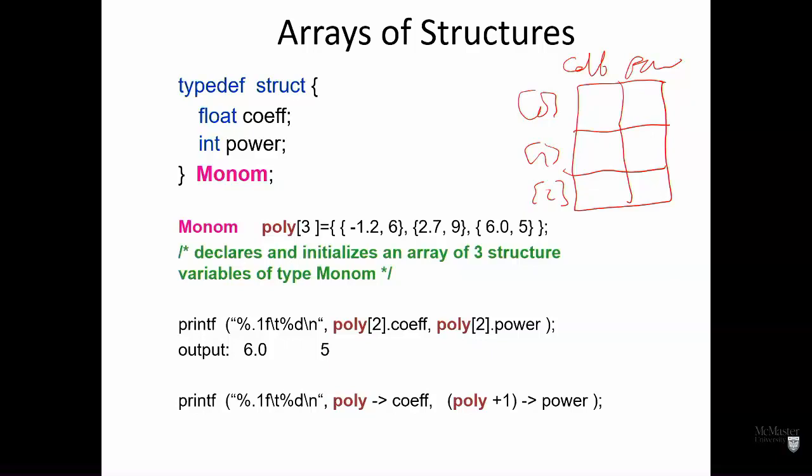So this is completely equivalent to saying poly 0. And poly 0 is a structure that has these 2 members. So its coefficient is minus 1.2. And then poly plus 1 is pointer arithmetic, which is accessing the first element after poly 0, right? And then it gives you the power, which is 9 here. Okay?